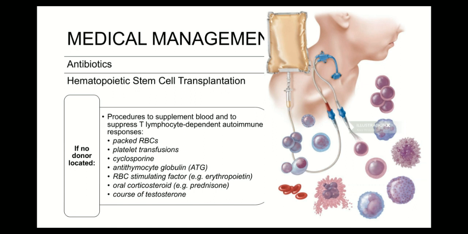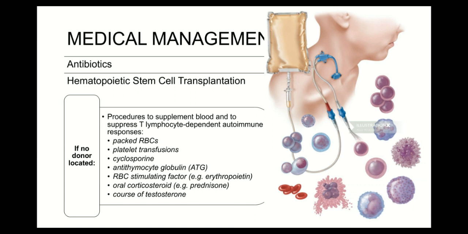Also, an important note, when we administer ATG, we need to meticulously observe the child because ATG is associated with anaphylaxis. So, carefully observing the child while administering ATG is an important nursing action. Next is oral corticosteroid.